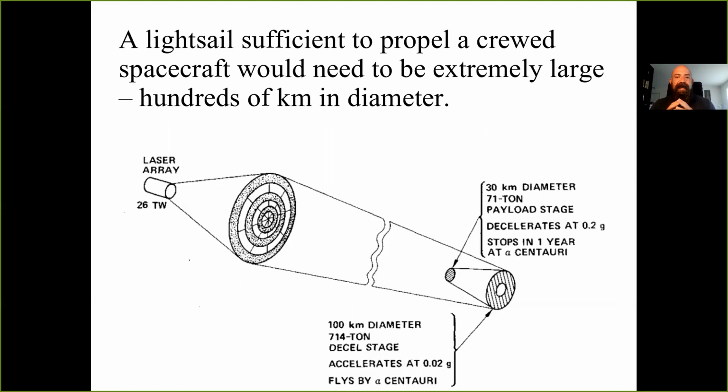And this would need to be an absolutely huge light sail in order to propel even a small number of people and the equipment you need to keep them alive and do their mission at the destination. Your light sail is going to be something on the order of hundreds of kilometers in diameter.